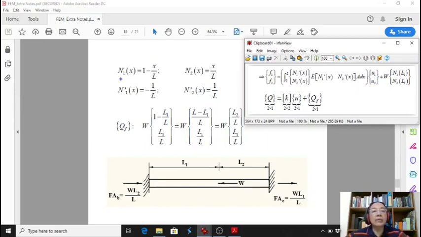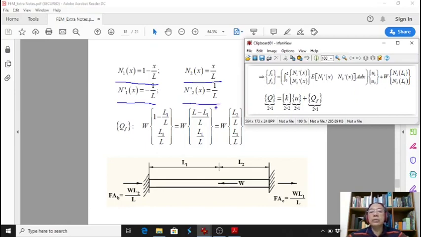So this is N1 of X is equal to 1 minus X per L, and N2 of X is X per L. And the derivative of N1 is this, minus 1 per L. The derivative of N2 is this.